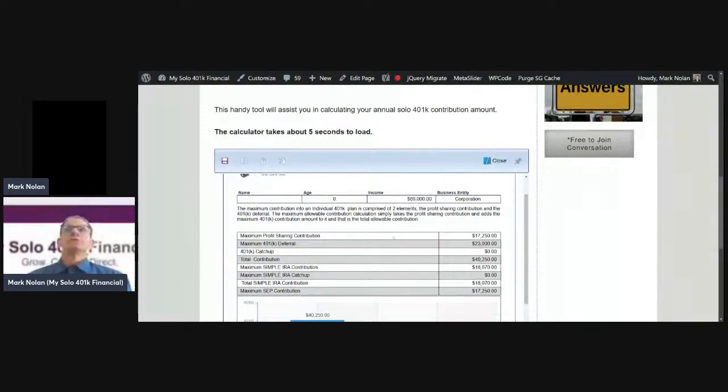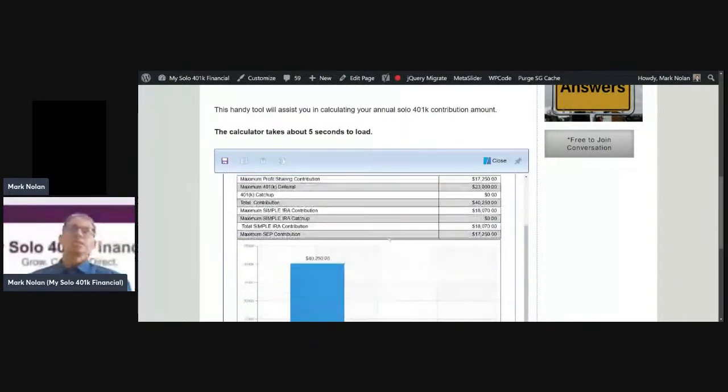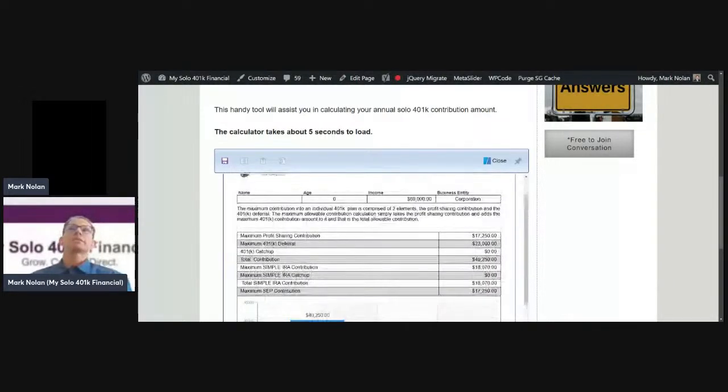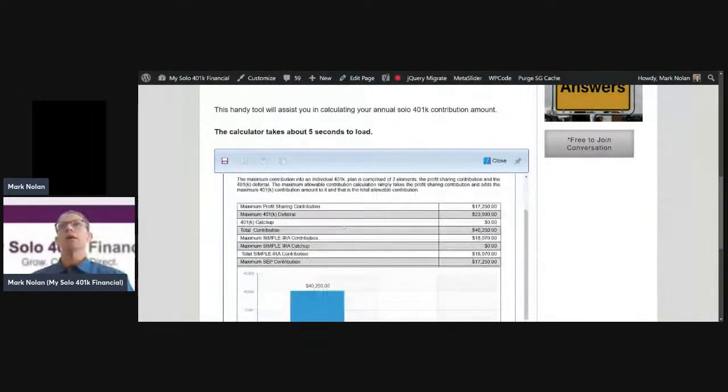So $69,000 is all you need to maximize your voluntary after-tax solo 401k contribution for 2024. And then you would immediately convert that over to the Roth solo 401k or the Roth IRA after you make that contribution to the voluntary after-tax solo 401k bucket.